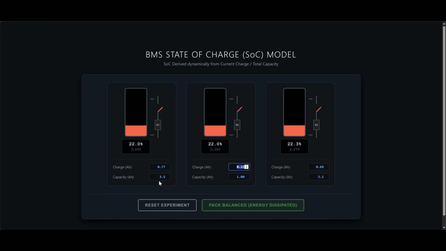So suppose my cell capacity is better, right? Then in that case, I can store more at the same SOC, right? So here it is 3.5. So you are able to see that you are able to store 0.77 ampere hours.